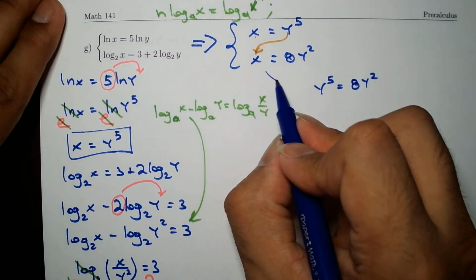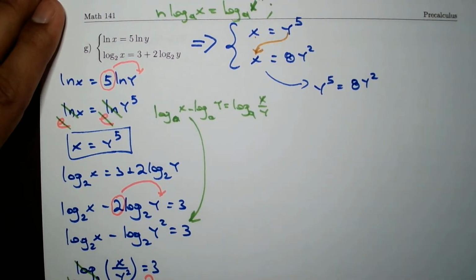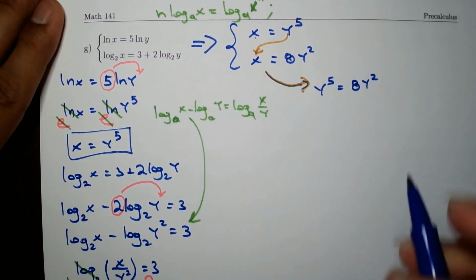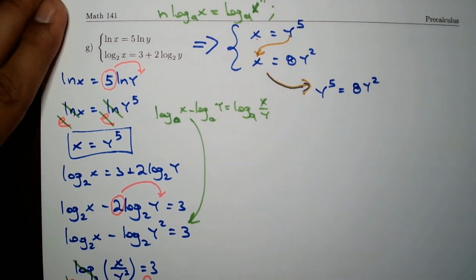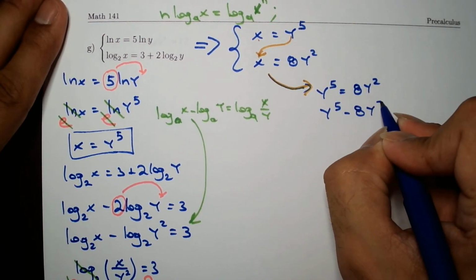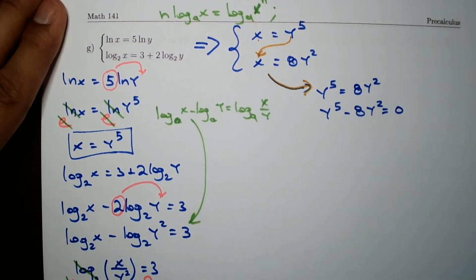All right. So in this case, let me use the same color so you can follow the path here. So here we can subtract both sides y squared. So y to the fifth minus 8y squared equals 0, and then use factoring for this equation.